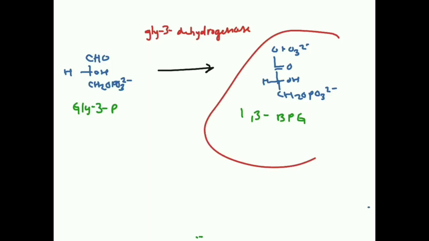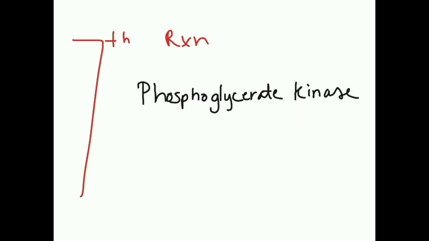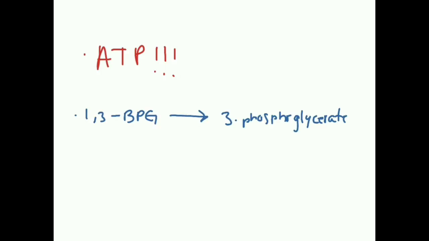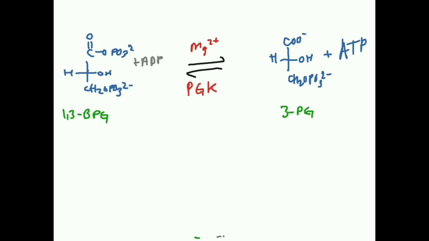The seventh reaction is called the phosphoglycerate kinase reaction. In this reaction, ATP is created. This is one of the 2 ATPs created in all of glycolysis. In this reaction, you go from 1,3-bisphosphoglycerate to 3-phosphoglycerate. Again, the enzyme in this reaction is the same as the name, so phosphoglycerate kinase.